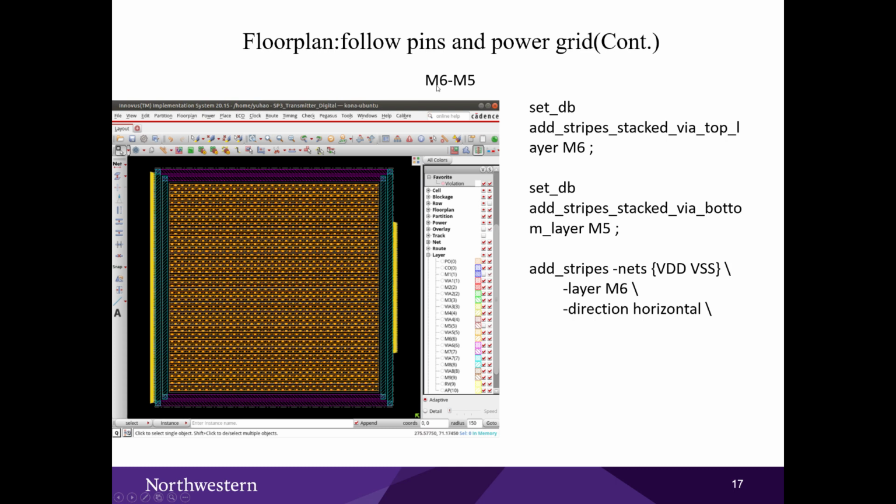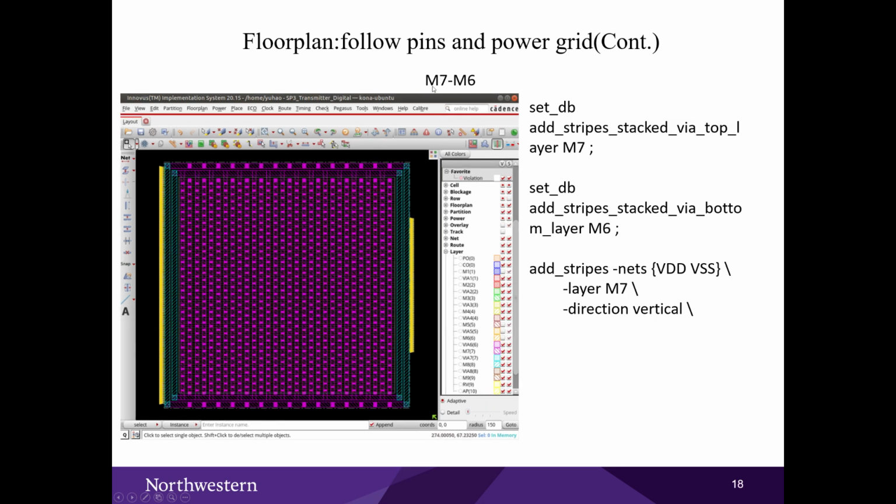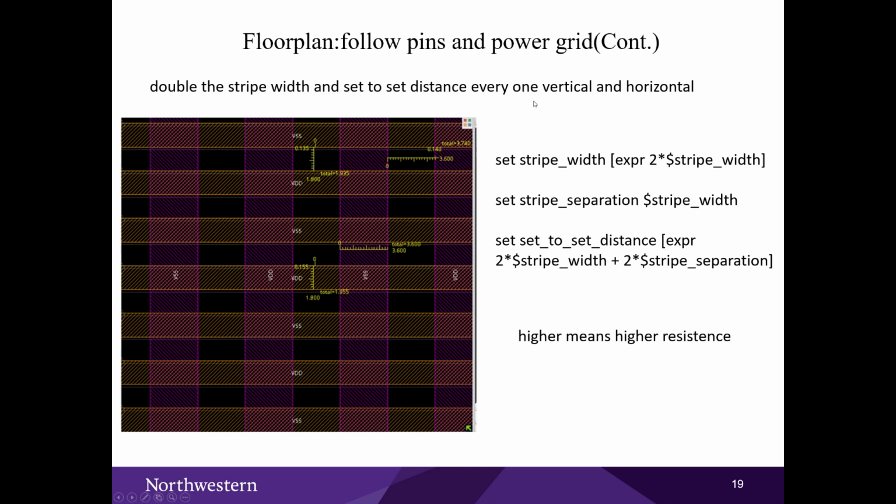M5 is vertical, M6 is horizontal, that is a set, and after this set, we make the power stripes on M7 with their width doubled and their set-to-set distance doubled. So we use these commands, set stripe width double and set-to-set distance also double.